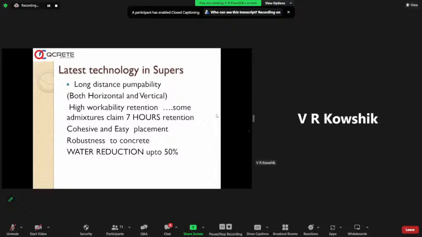Some of these admixtures have a water reduction capacity of 50%, which is a mind-blowing number. 50% water reduction is a huge number, and that kind of material has come into the market, which is a huge shift in the way admixtures are produced, and triggers higher versions of concrete.